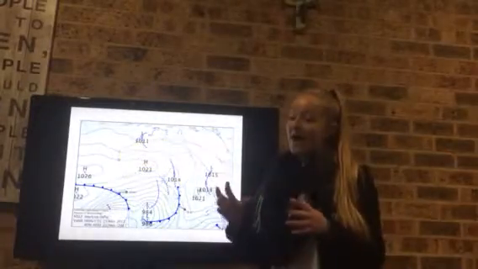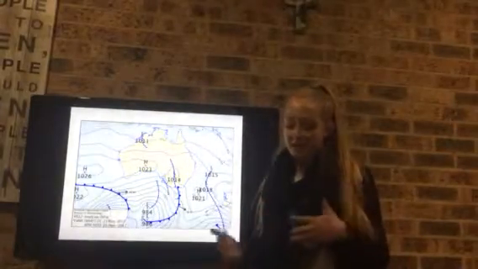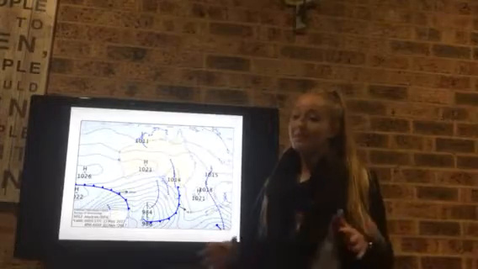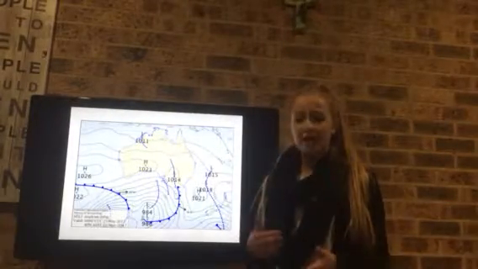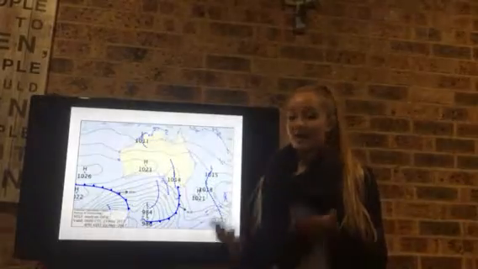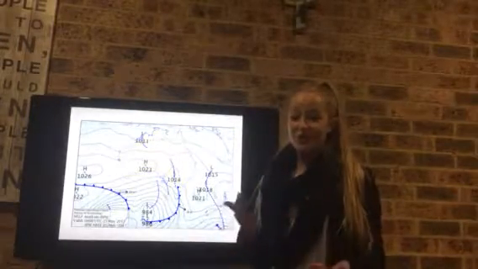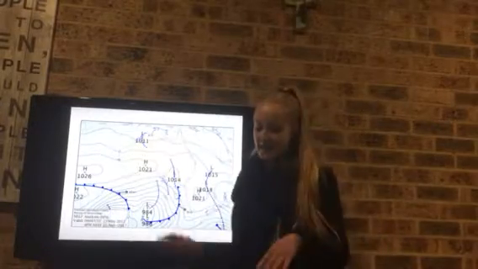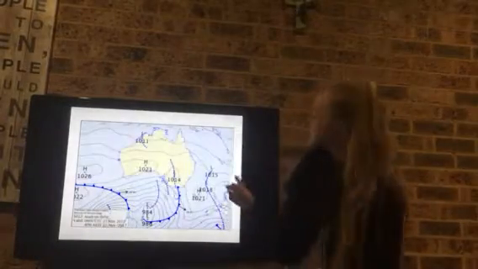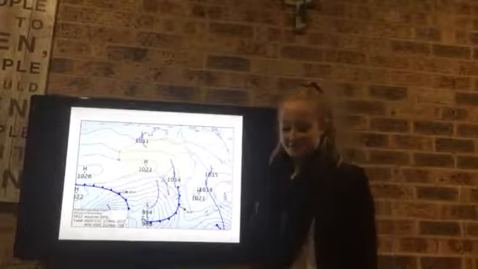Now, our atmosphere tries to maintain a balance all the time, but because the weather and the air in the atmosphere is always changing, our weather is going to change too to try and maintain that balance or that homeostasis in the air. And that's how we have synoptic charts.